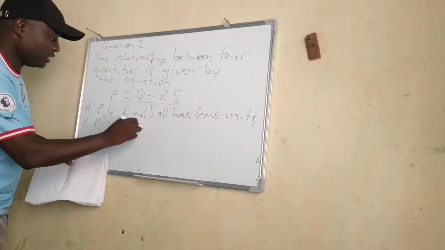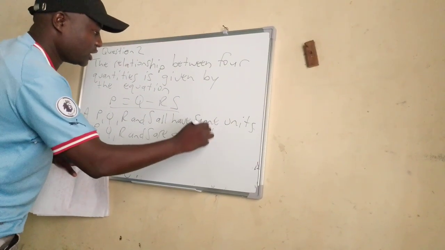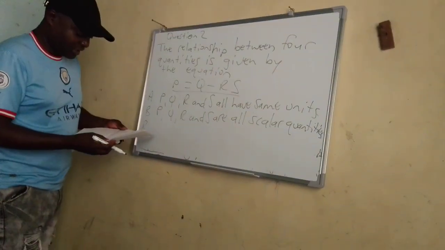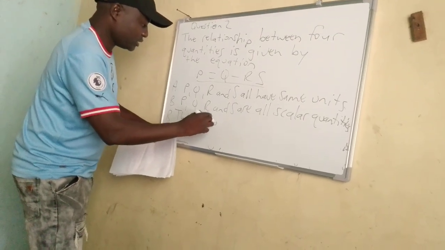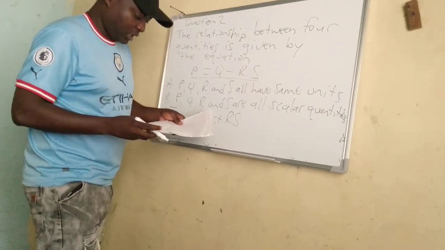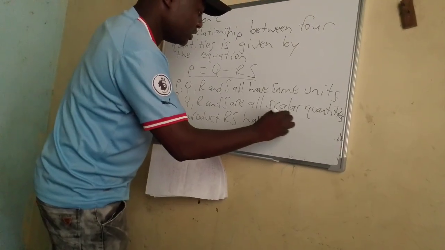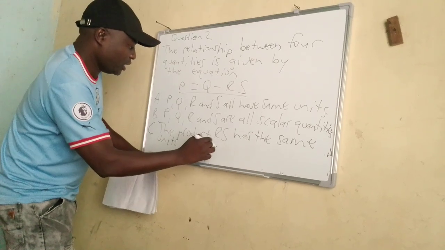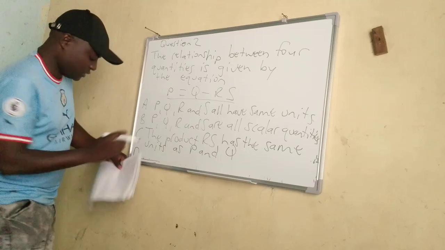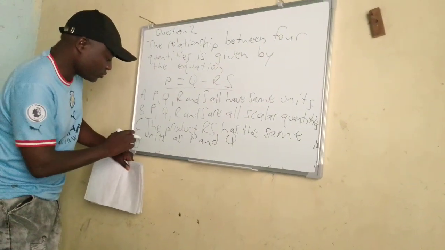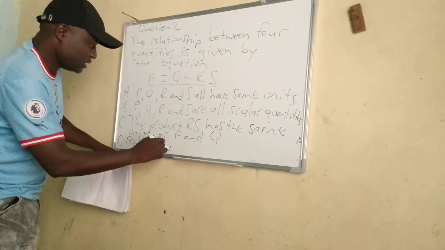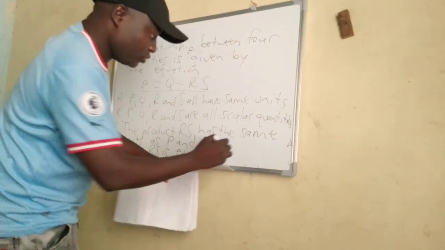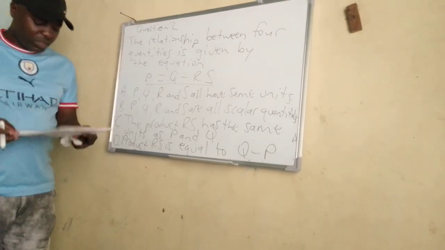C, the product RS has the same units as P and Q. D, the product RS is numerically equal to Q minus P. So I think 1 minute is over.